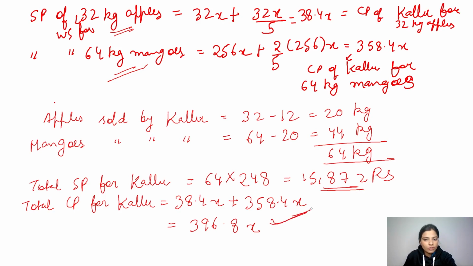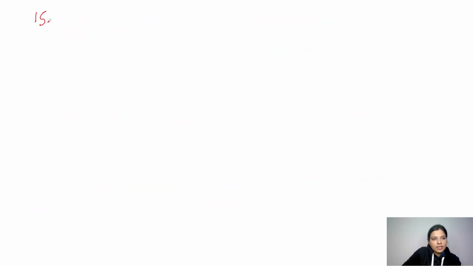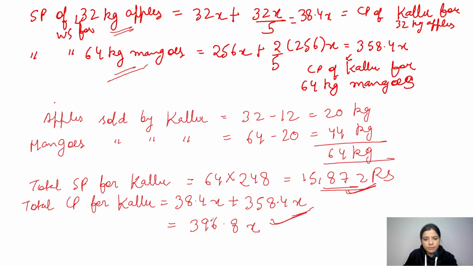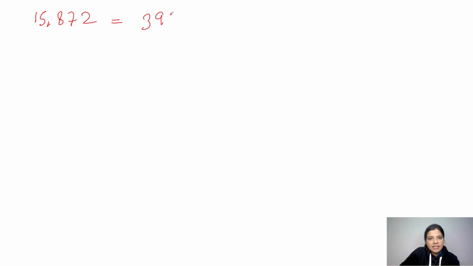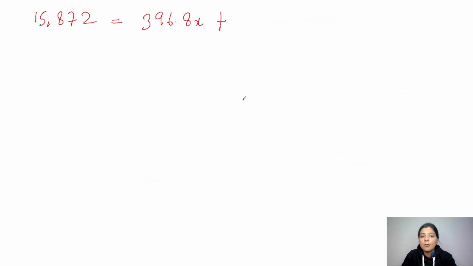You know the cost price, and you know the selling price, and you know the profit percentage as well. So rather than writing a profit percentage equation, using simple logic, this 15,872 is nothing but cost price 396.8x plus 25% of the cost price, that was his profit.